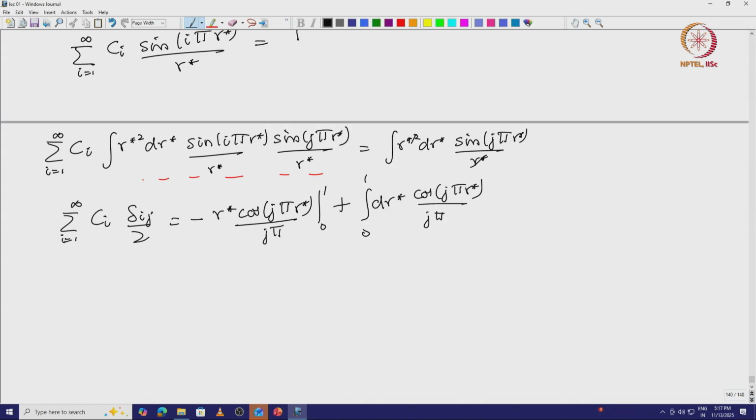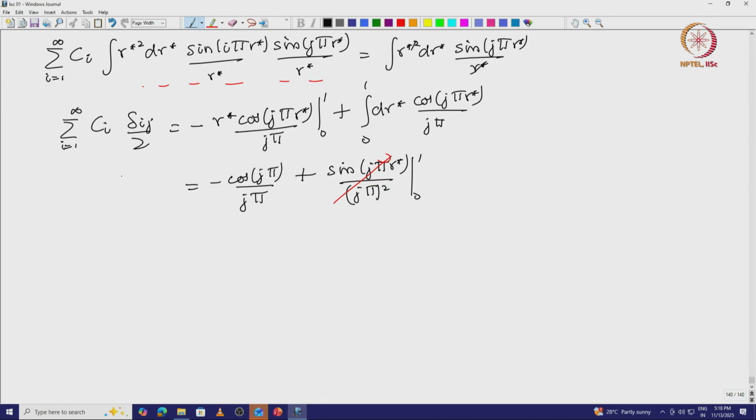So this becomes, at r equal to 0, this term is 0. At r equal to 1, this is minus cos of j pi by j pi, plus sine of j pi r star by j pi the whole square, between 0 and 1. And the sine function is 0 in both cases.